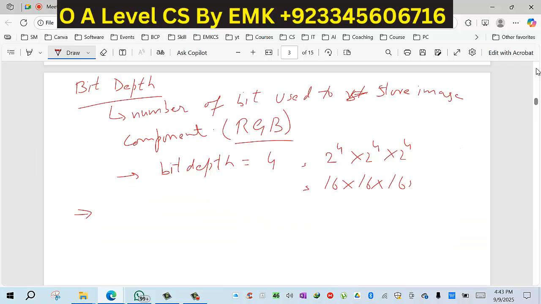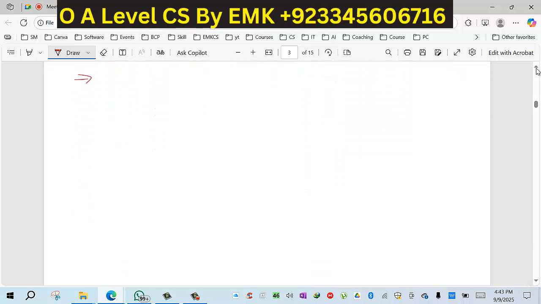Then we have image resolution. What is image resolution? Amount of pixels an image is made up of. Image resolution is number of pixel in bitmap image. Image resolution की बात हो रही है.